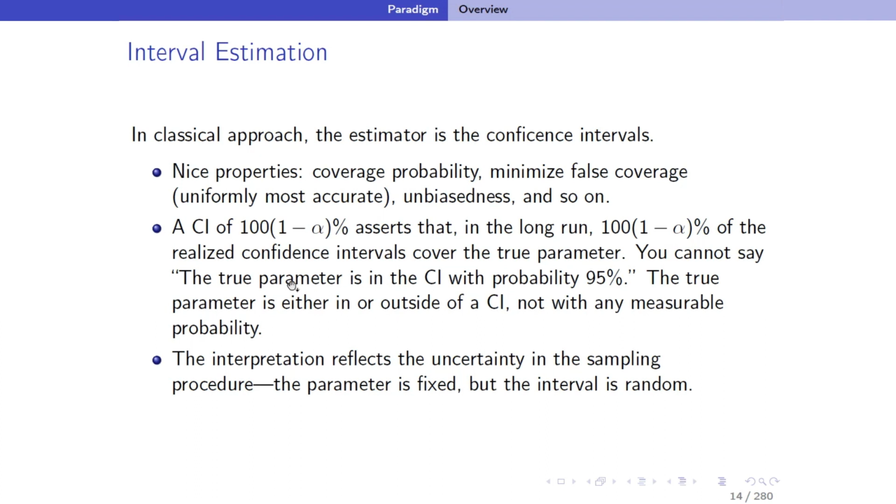You cannot say the true parameter is in the confidence interval with probability 95%. The true parameter is either in or outside of a confidence interval, but not with any measurable probability. So the interpretation reflects the uncertainty in the sampling procedure, because the parameter itself is fixed and the interval is random.